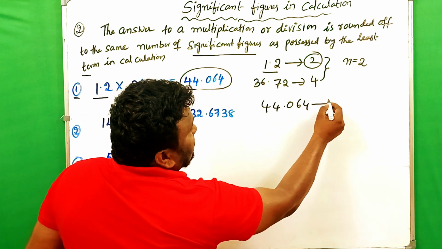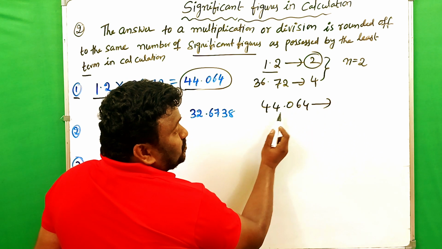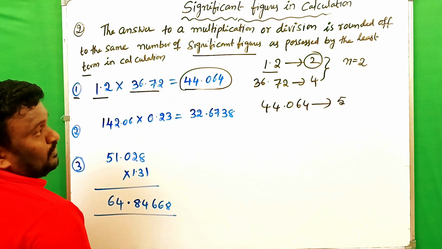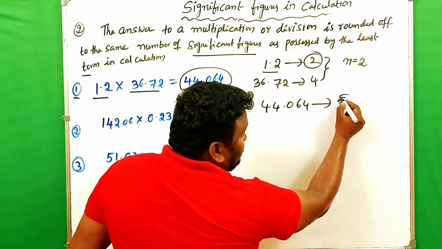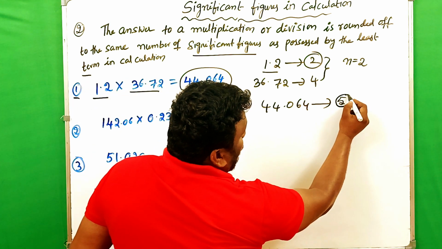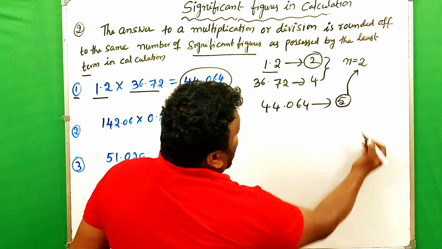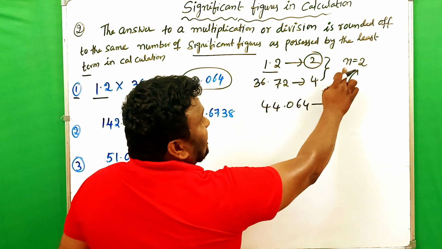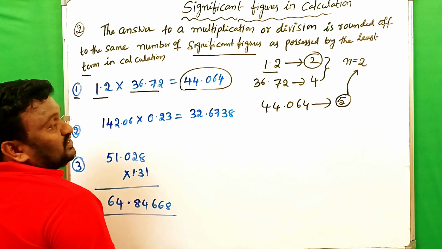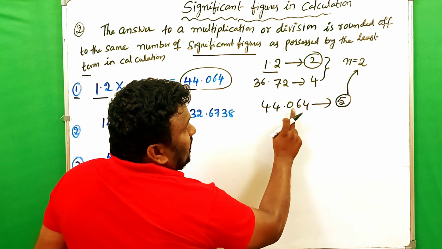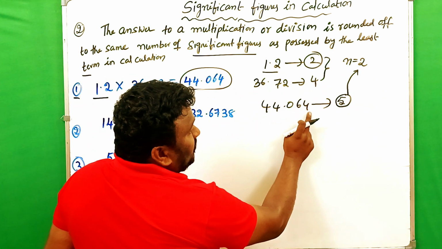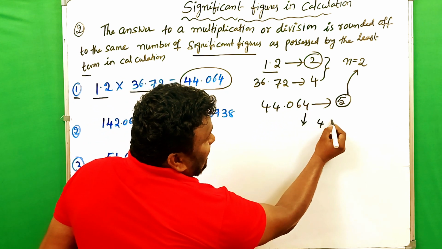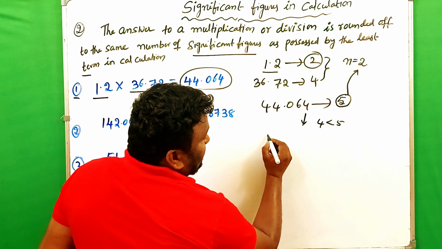Now the answer we got, 44.064, how many significant figures does it have? 1, 2, 3, 4, 5. 5 significant figures are there. So now these 5 significant figures should be rounded to the least value among these two numbers, that is 1.2, n equal to 2. Now simply the last 4 is going to be dropped and that is less than 5, so it is simply omitted.